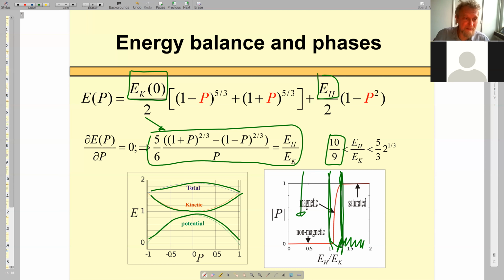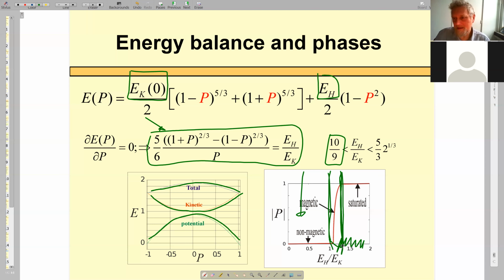Right, there was a question: how does this model compare to, for example, the Heisenberg model? It cannot be compared at all. It is, if you wish, an alternative model of a magnet.